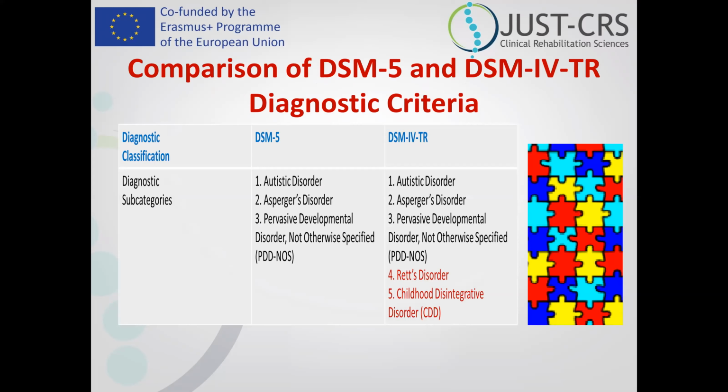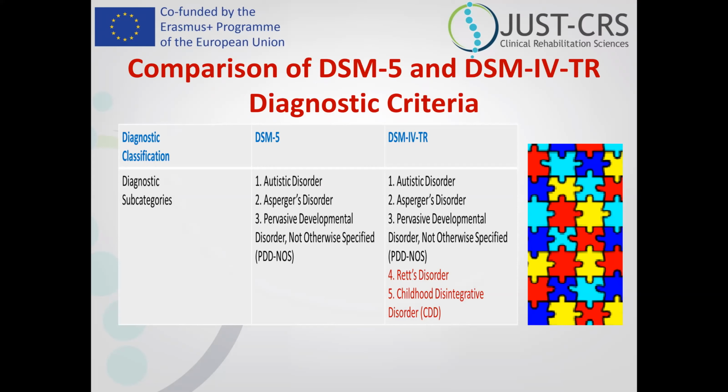We use the DSM-V for diagnosing autism, and it's a newer version of the DSM-IV. Basically, in the DSM-V, autism is called autism spectrum disorders, and it's a group of 3 conditions, which are autistic disorder, Asperger's syndrome, and pervasive developmental disorder.